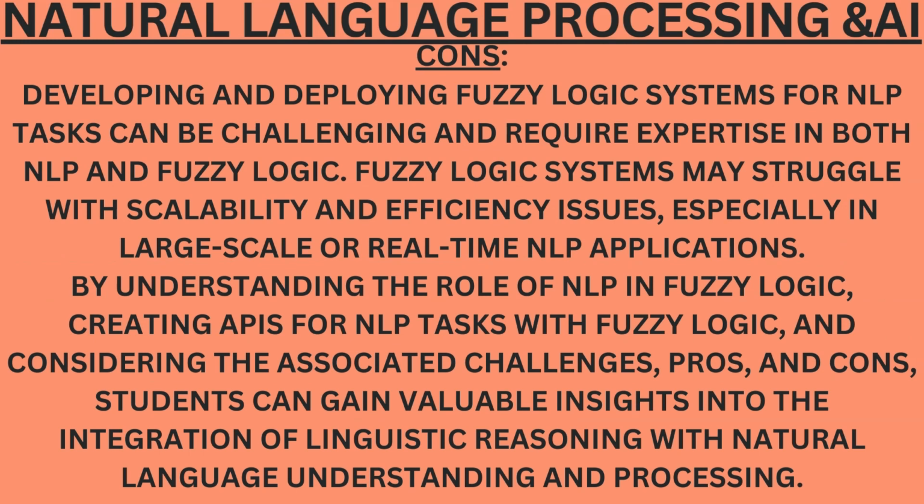Cons. Developing and deploying fuzzy logic systems for NLP tasks can be challenging and require expertise in both NLP and fuzzy logic. Fuzzy logic systems may struggle with scalability and efficiency issues, especially in large-scale or real-time NLP applications.